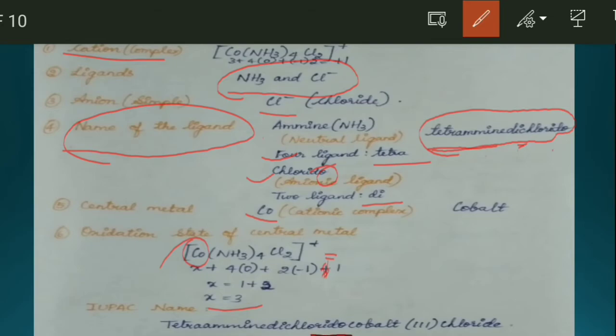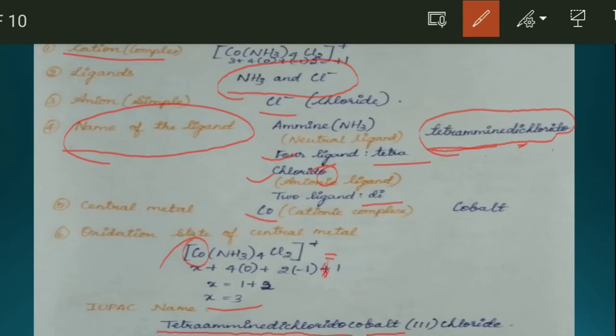Here the cation is the complex. In this case the metal has to come after the ligand, so we have to name the ligands first, then only we have to name the metal. So tetra, we are naming the ligand. Tetraamine dichlorido is the ligand, and cobalt is the metal.